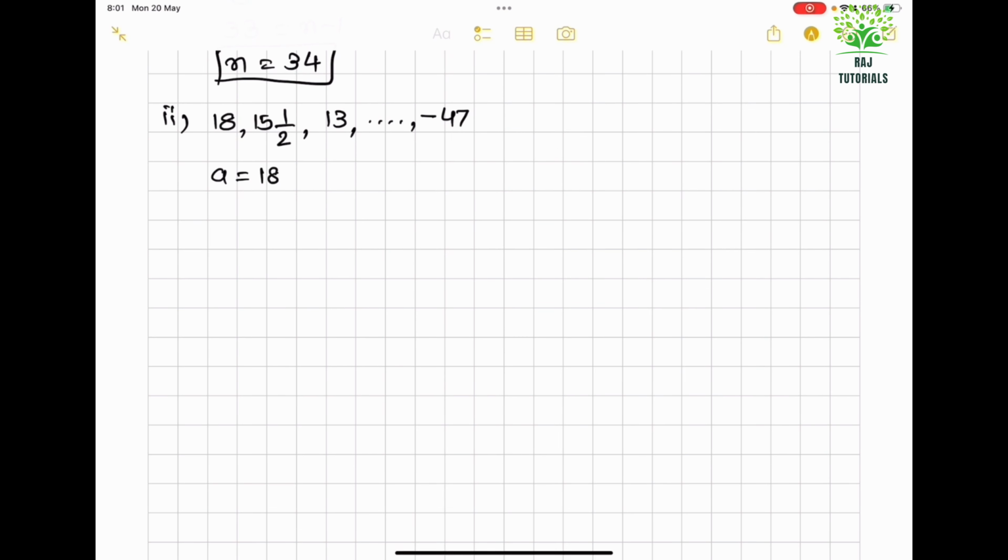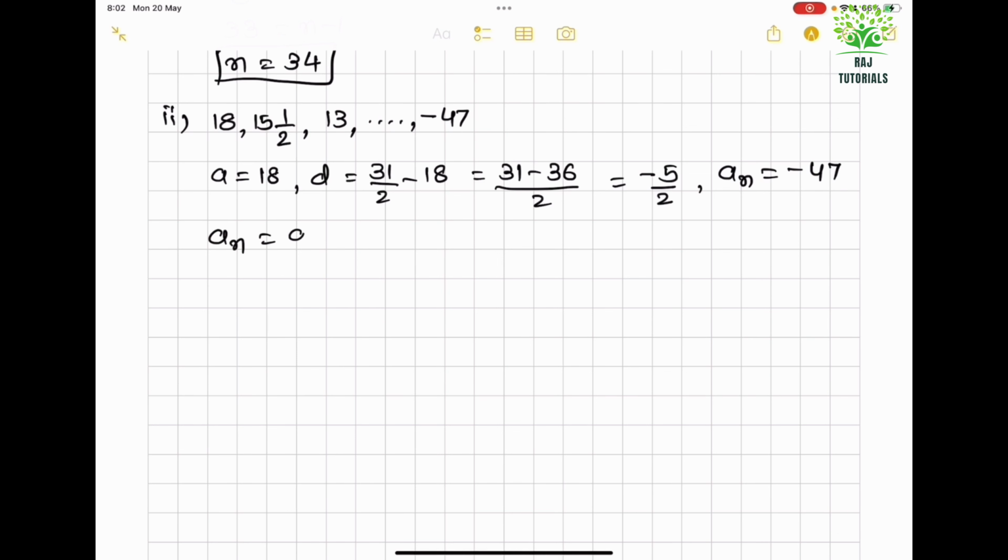So A equal to 18 here. D is 31 by 2 minus 18. So that will be 31 minus 36 by 2. So minus 5 by 2, D I will get, and AN equal to minus 47. Again AN equal to A plus N minus 1 D. So minus 47 equal to 18 plus N minus 1 into minus 5 by 2.